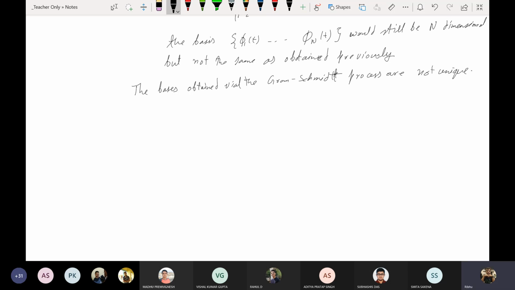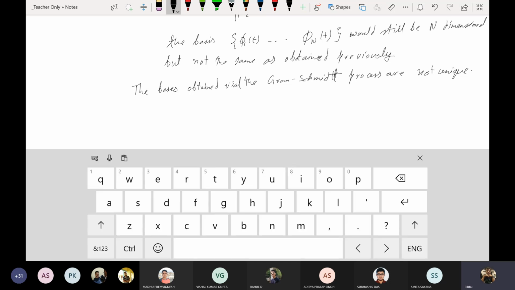The bases are not unique, and therefore the representations of these signals are also not unique. But the only thing that we have is that it will form an n-dimensional space. Fine.